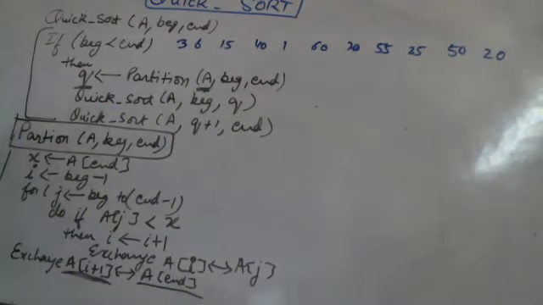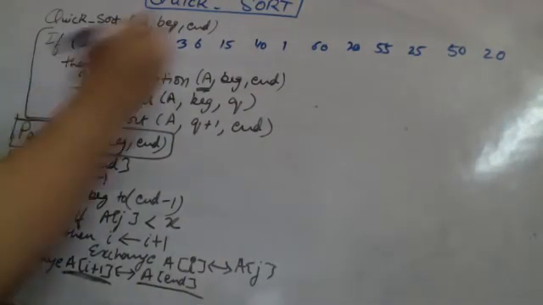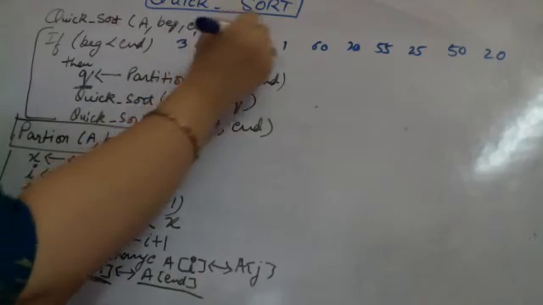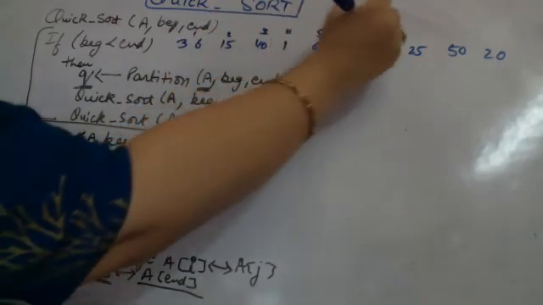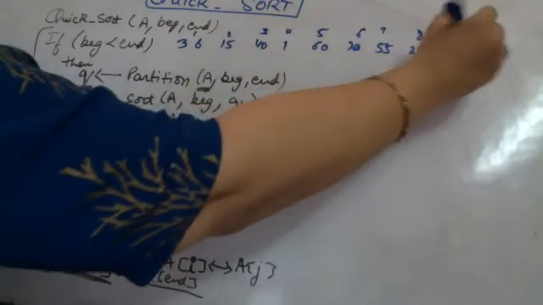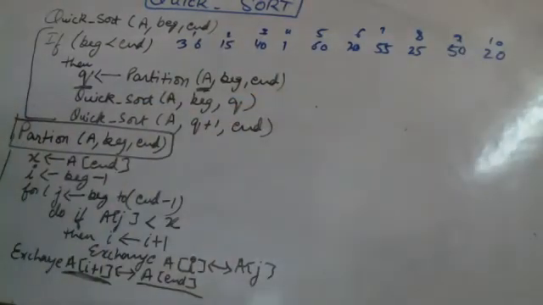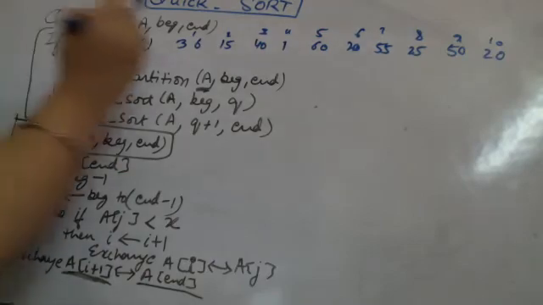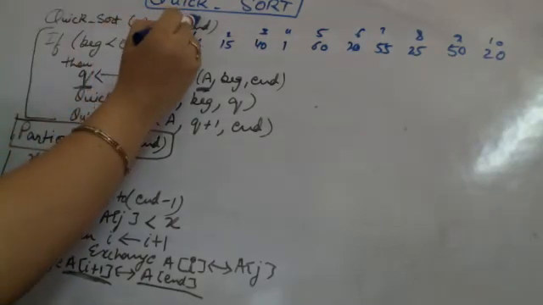Supposedly this is the list. And how many elements are there? 1, 2, 3, 4, 5, 6, 7, 8, 9, 10 elements are there in the list. We have called quick sort from 1 till 10.